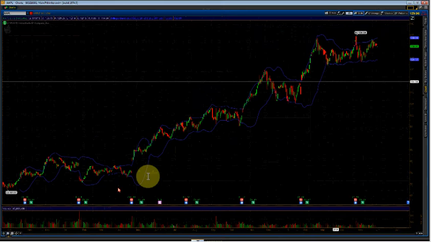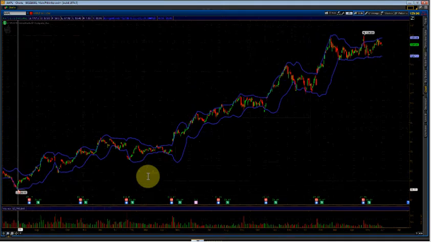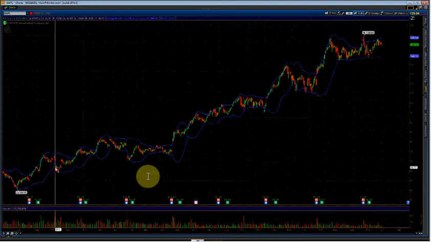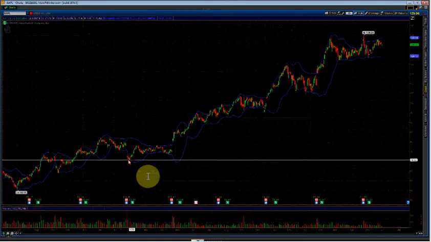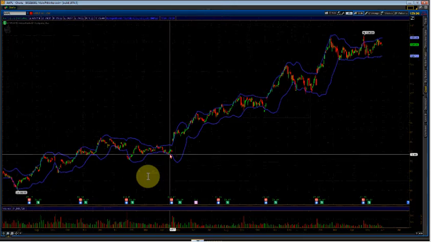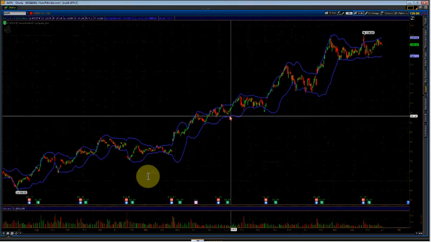We go back over a couple years, and with this particular Bollinger Band setting, if I just bought calls when it touched the bottom, I could have actually made some decent money, huh? Look at that.